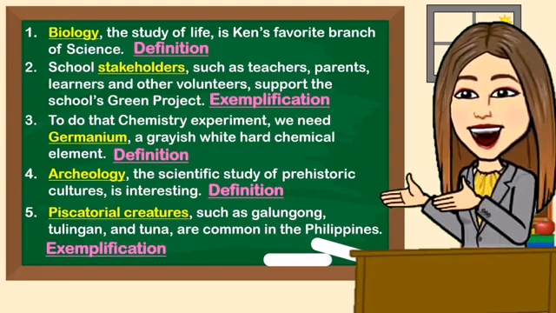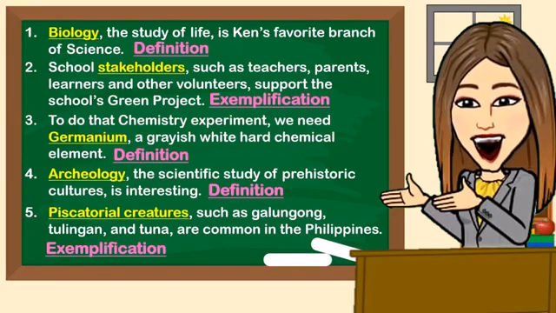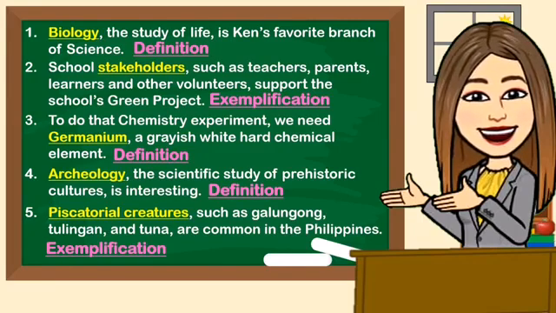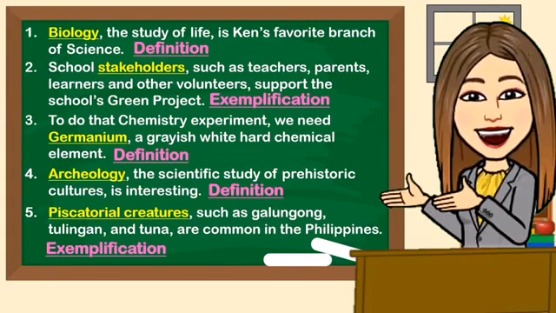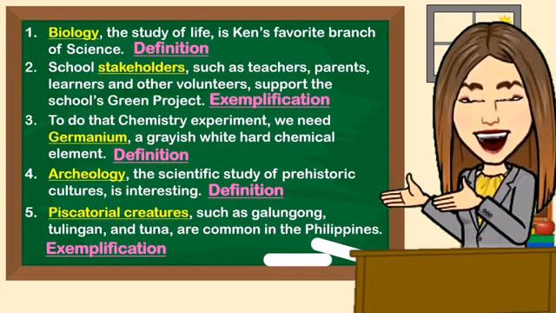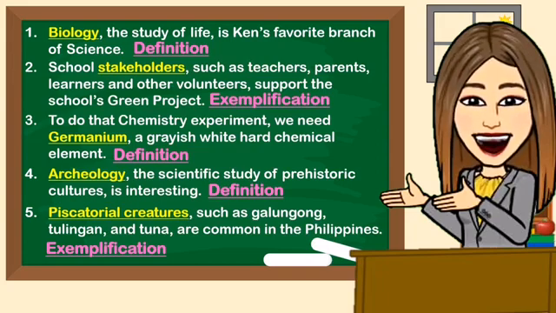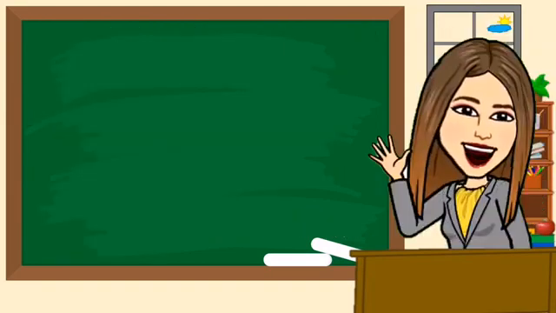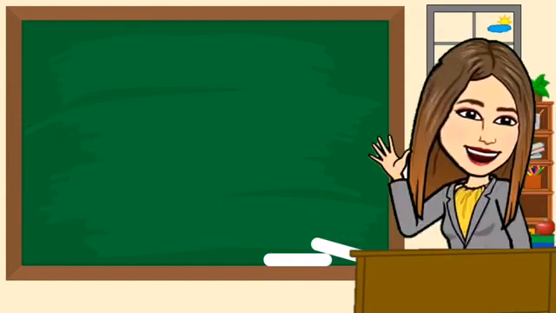So nabanggit ang mga halimbawa ng salitang stakeholders at piscatorial creatures sa pangungusap. Binigyang kahulugan ang mga mahihirap na salita sa pamamagitan ng pagbanggit o pagbigay ng mga halimbawa nito upang mas madaling maintindihan ang mga mahihirap na salita. Did you get the correct answers?